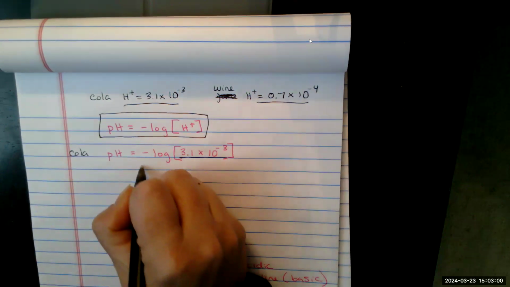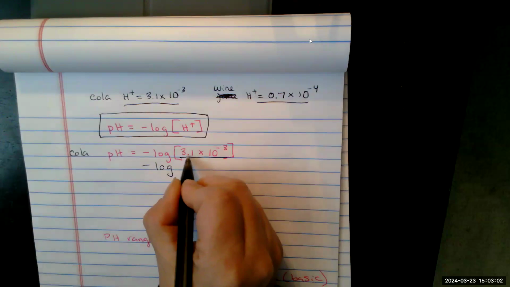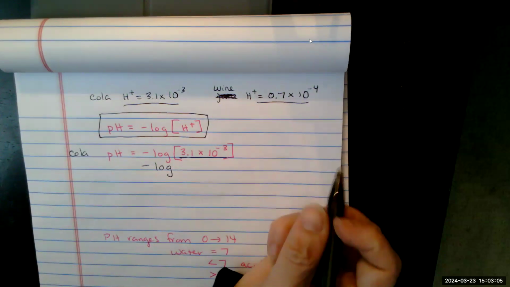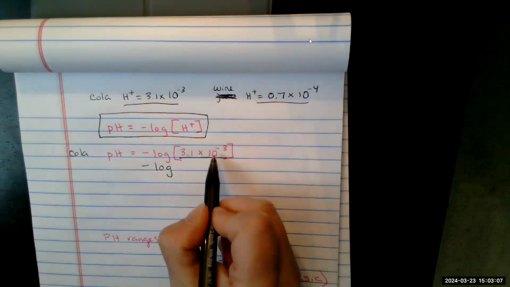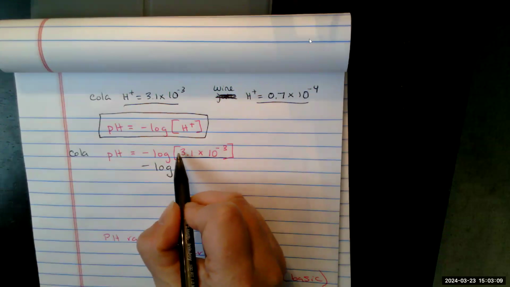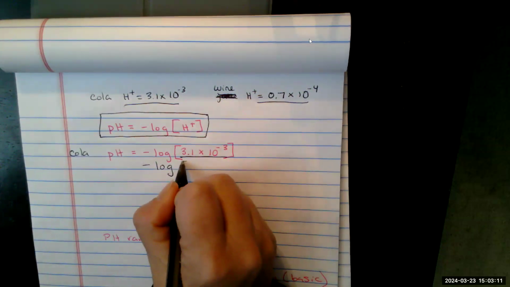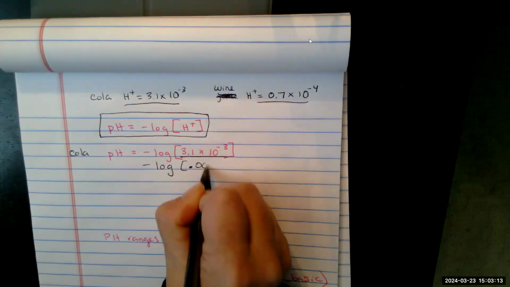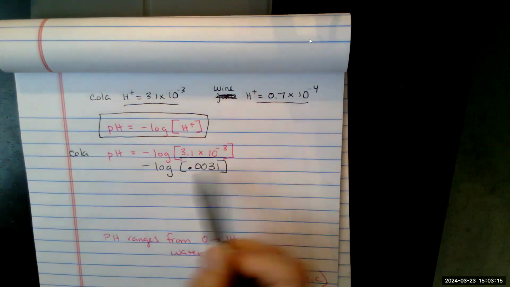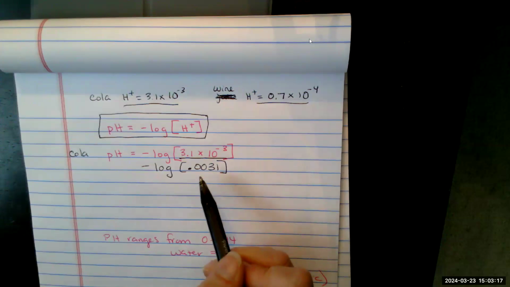You could make this a little bit nicer because 3.1 times 10 to the negative 3, if you remember scientific notation, just means to move that decimal 3 places to the left. So you don't need to do this, but I prefer to write it this way because that's easier to put in the calculator.